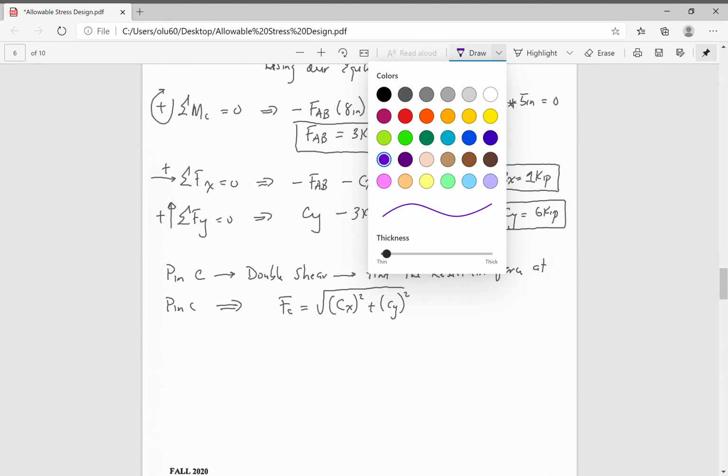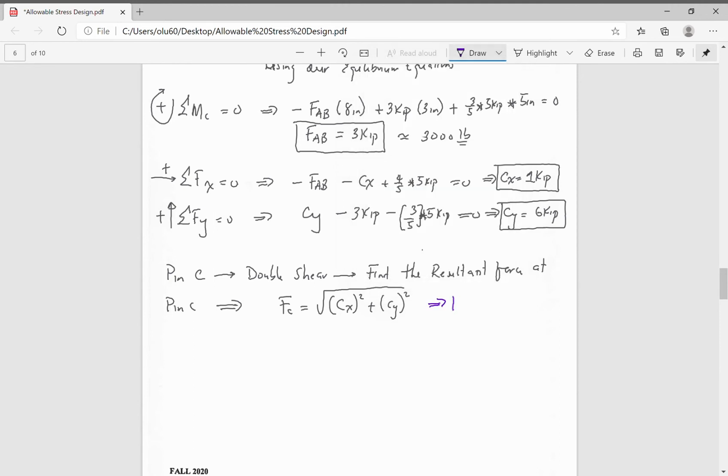So when we do that, we find that our FC happens to be the square root of 1 kip squared plus 6 kips squared, and FC happens to be 6.1 kips.